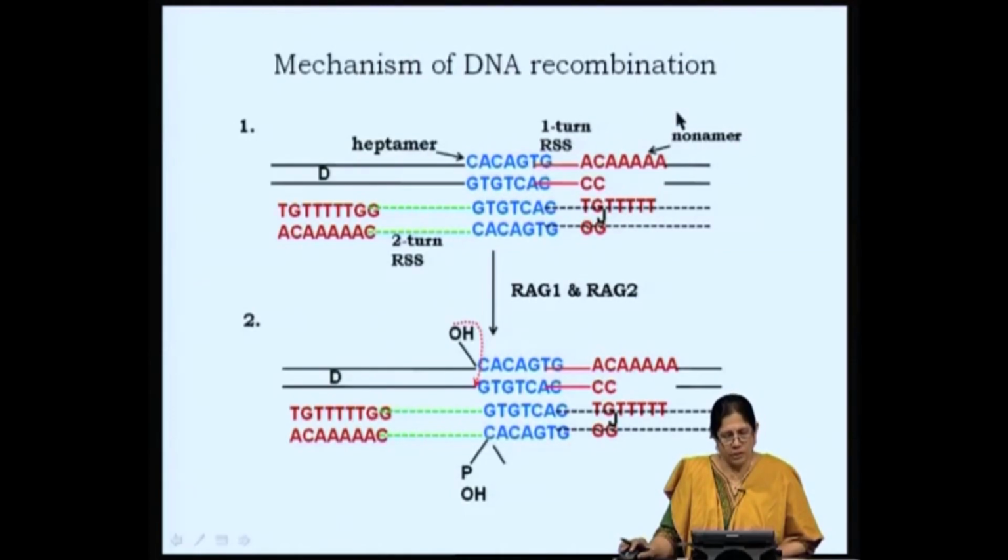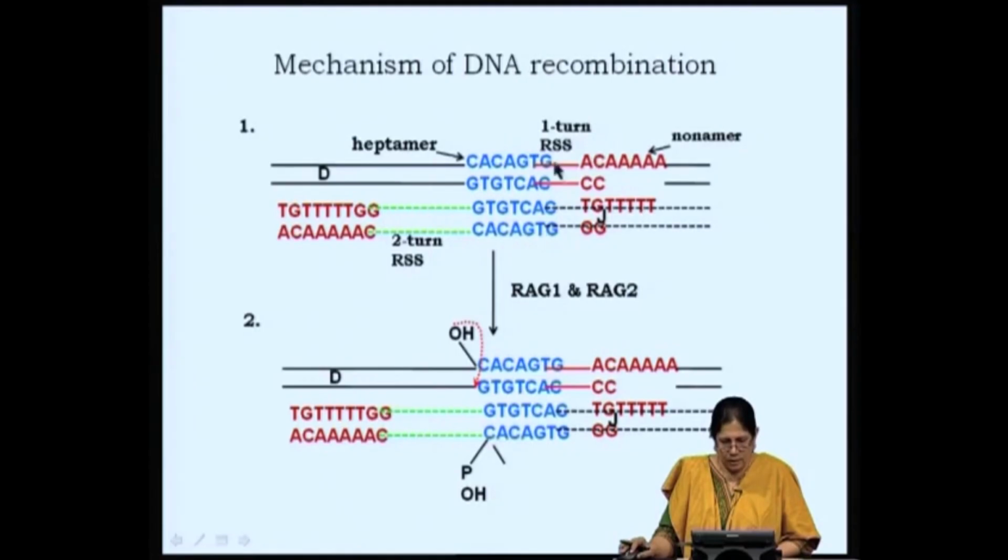Mechanism of DNA recombination. You have recognition of the heptamer, the one turn RSS, separated from the nonamer. Now, this is recognized by the RAG 1 and 2 along with another RSS which is a 12/23 RSS, where the nonamer and the heptamer are separated by 23 base pairs.